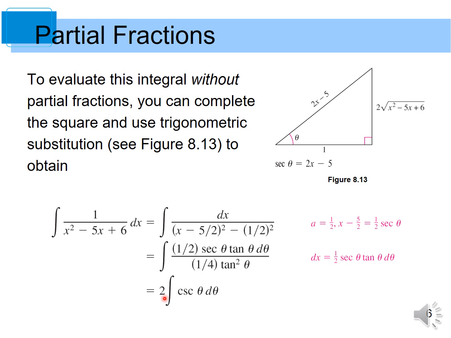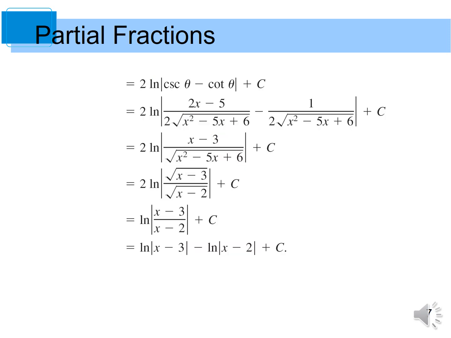to integrate cosecant theta with respect to theta. And based on the basic integration rule, we have 2 natural log of cosecant theta minus cotangent theta. And based on the triangle, we obtain the cosecant theta and the cotangent theta.